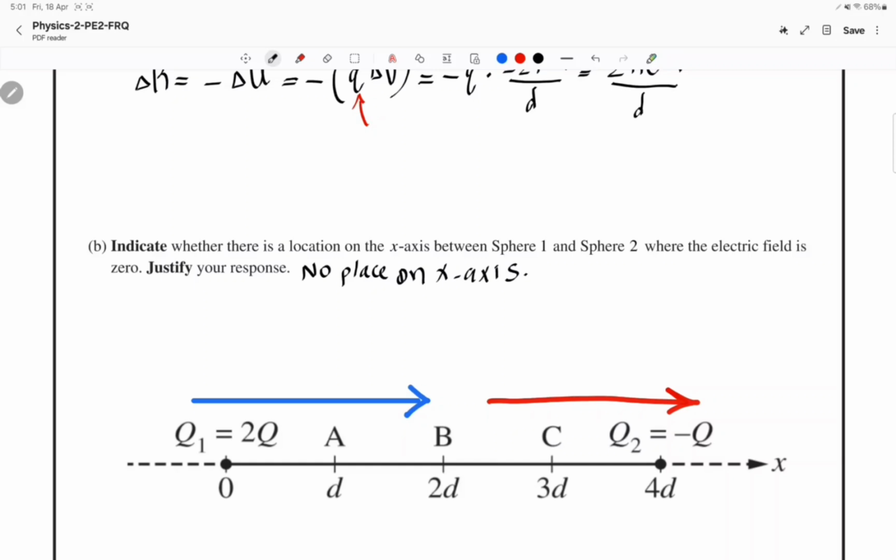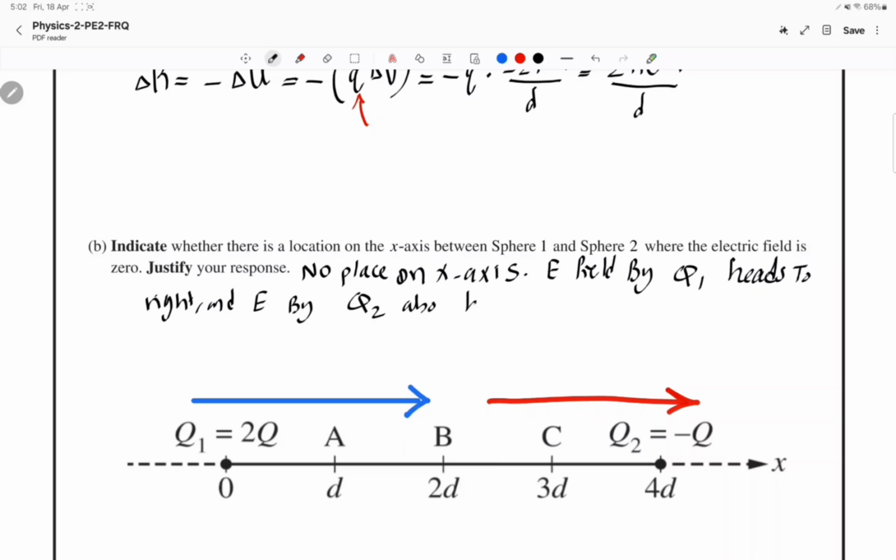Okay. So it's never going to be 0, basically. Why? Because the electric field by the Q1 heads to the right, and the electric field by Q2 also heads to the right.